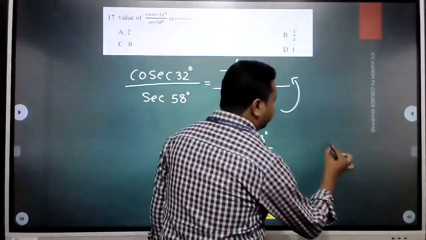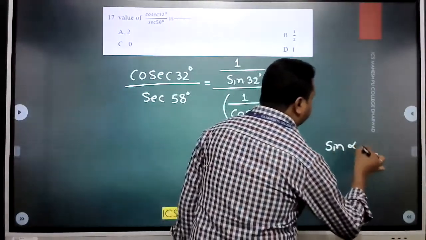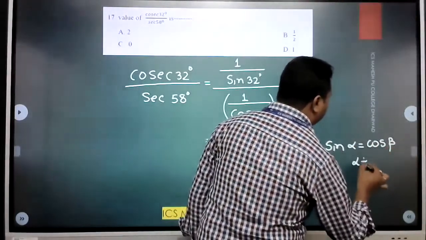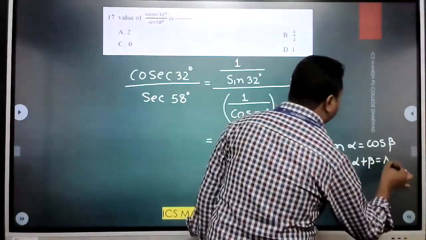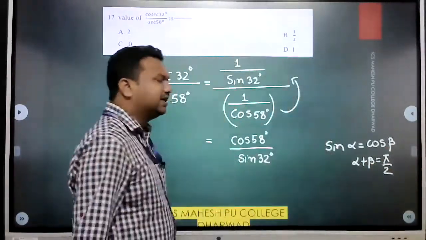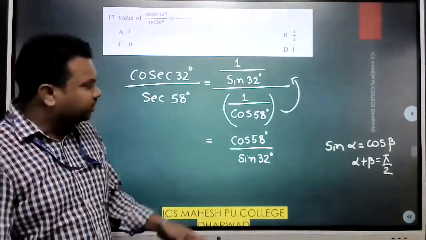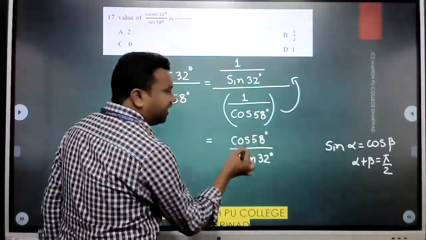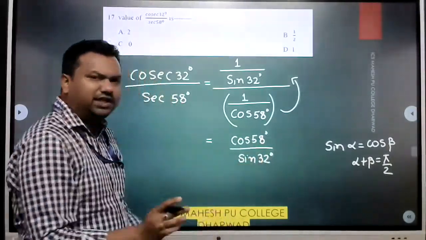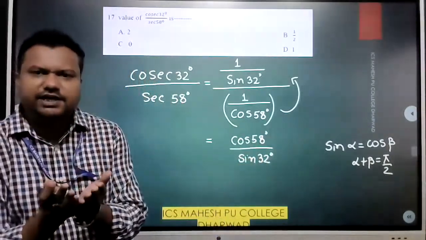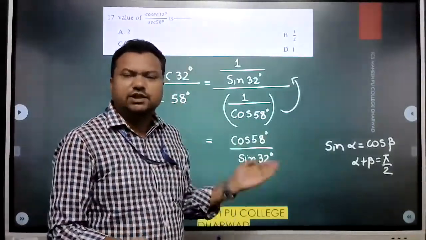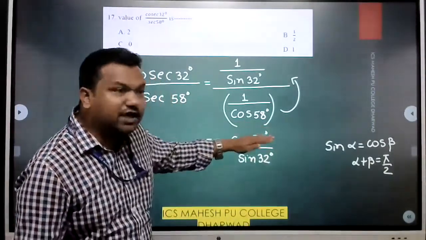Here sine alpha is equal to cos beta, then it is true that alpha plus beta must be equal to pi by 2, that is 90 degree. So here also you can observe cos 58 and sine 32, the sum of the two angles is 90 degree, isn't it? 58 plus 2 is 60, 60 plus 30 is 90. So definitely both are equal.